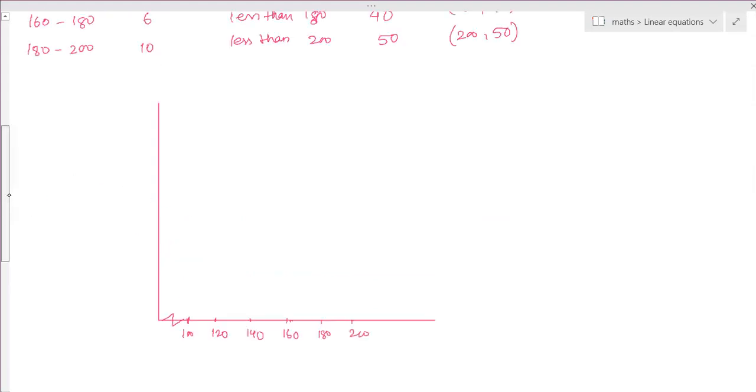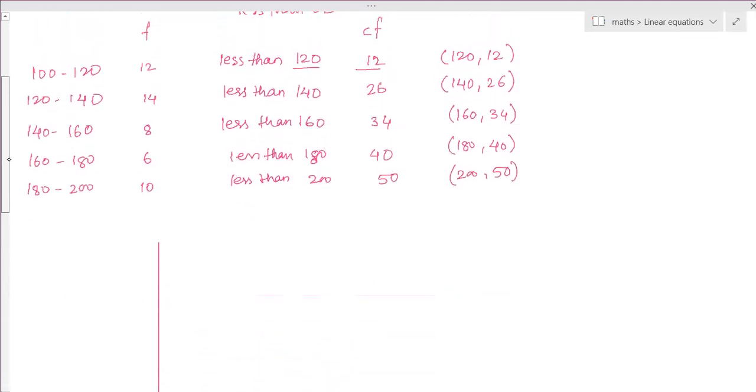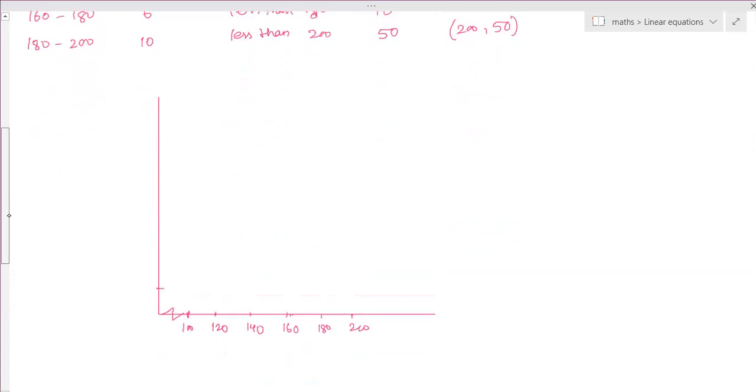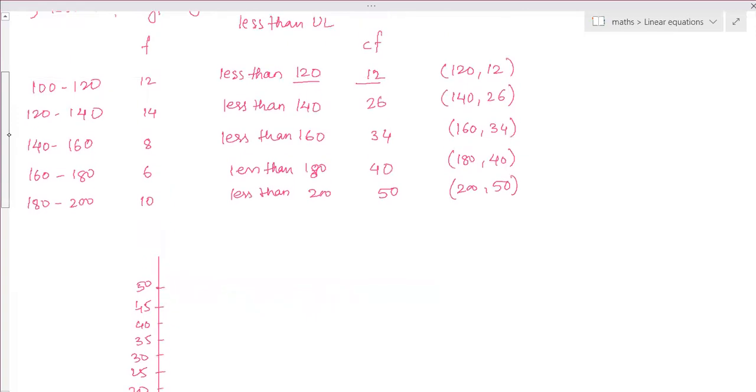On the other axis the values go up to 50, so we can mark 5, 10, 15, 20, 25, 30, 35, 40, 45, 50.